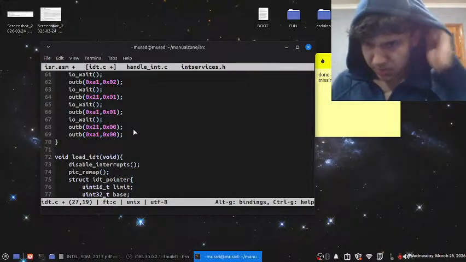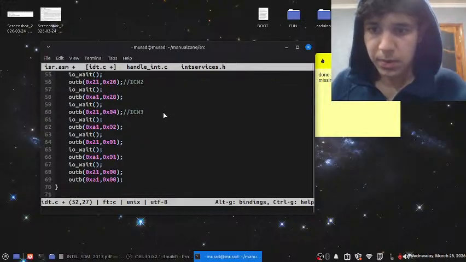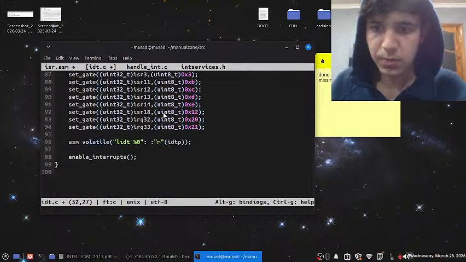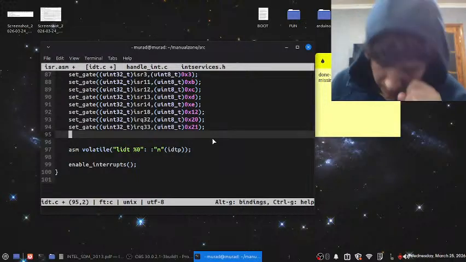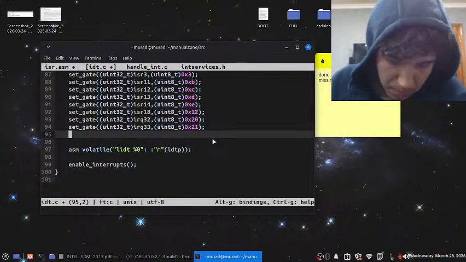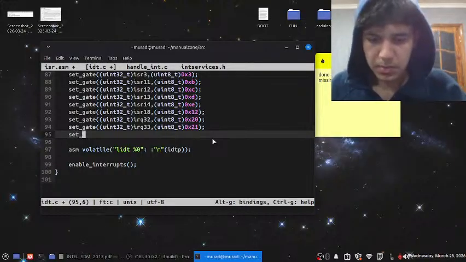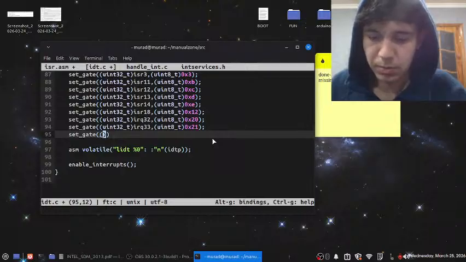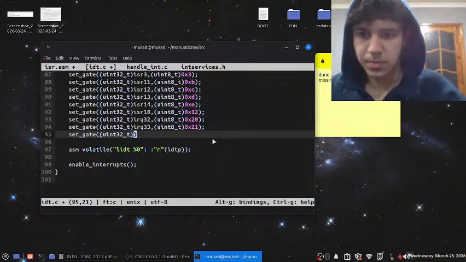And there are initialization command word 1. There is documentation of this in the Intel manual for BIOS or system programmers, the serial peripheral interface.